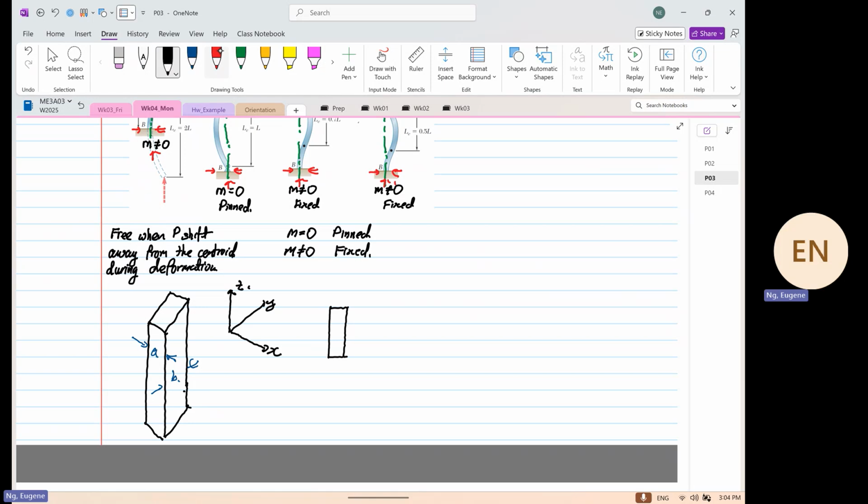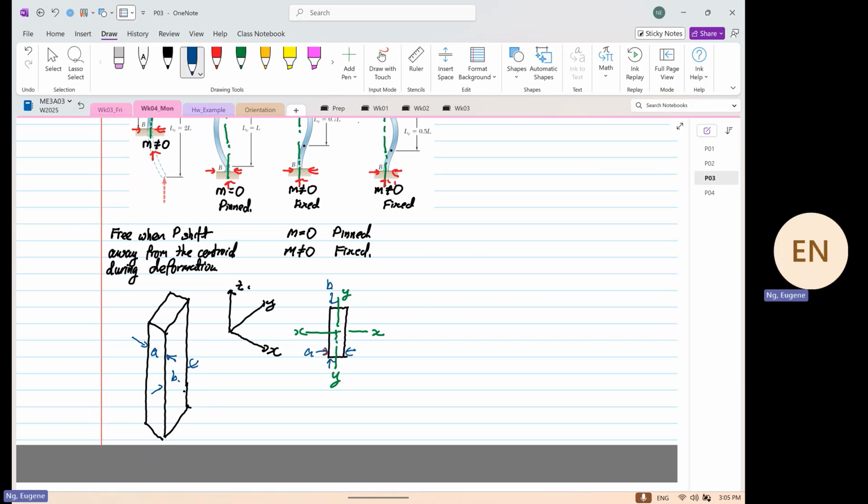So on our plan view, we understand that this direction is our X, and this direction is our what? Y. We know that the distance from here to here is your A. The distance from here to here is your what?